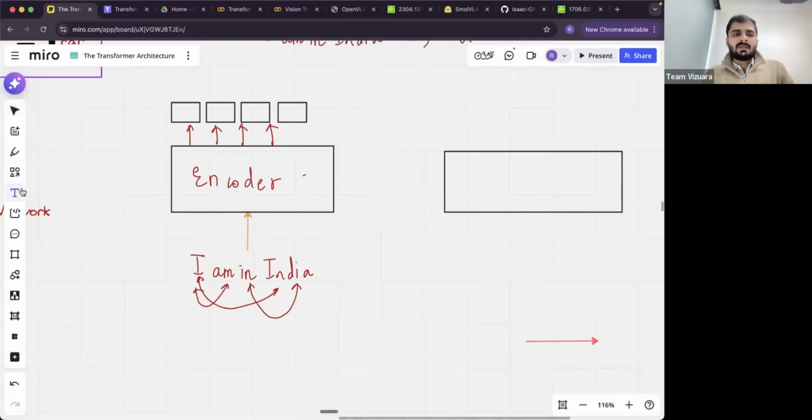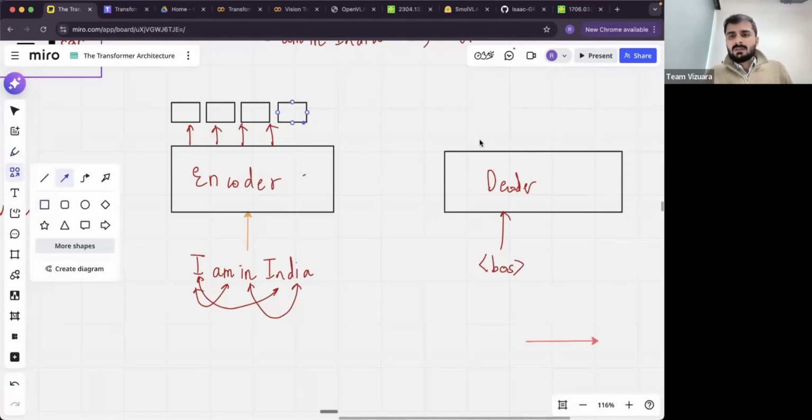Let's try to understand that. In the decoder block, first I will pass the BOS token as an input. The BOS token will first go through self-attention with itself. It will modify its values with the self-attention.